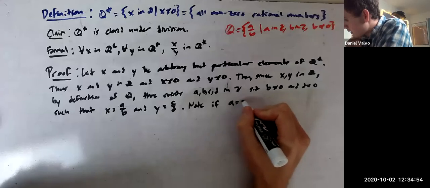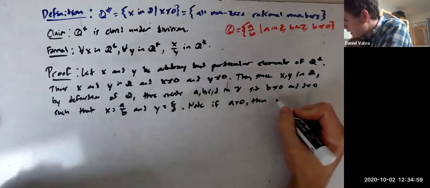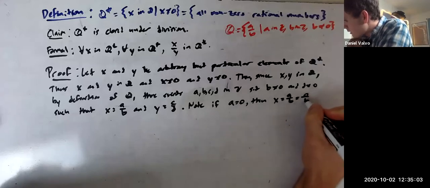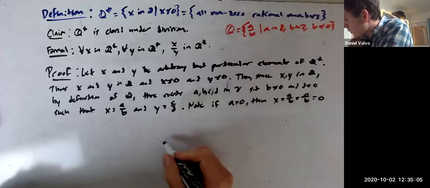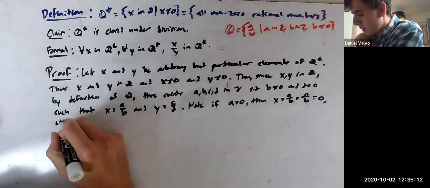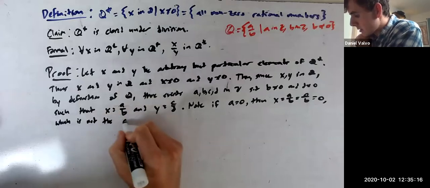So let's note, if A would equal 0, then X, which equals A over B, which equals 0 over B, which equals 0. Then X would equal 0, which is not the case.